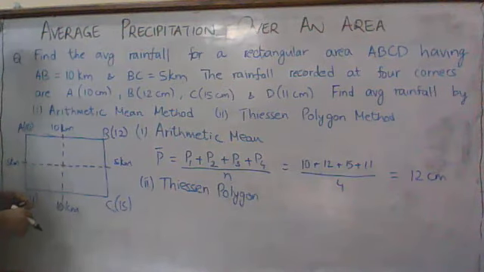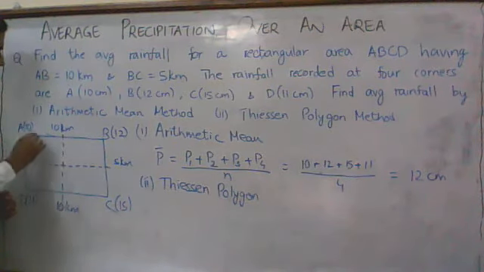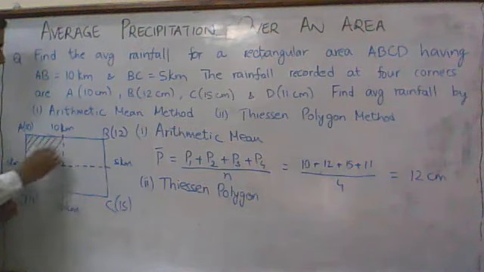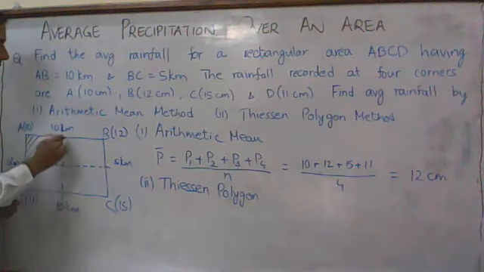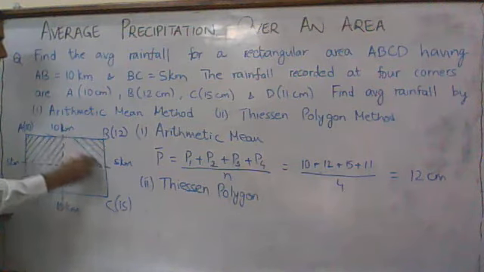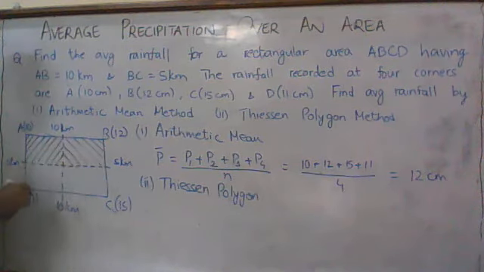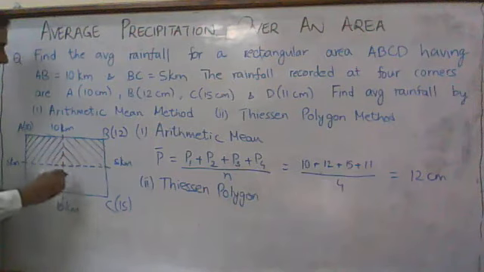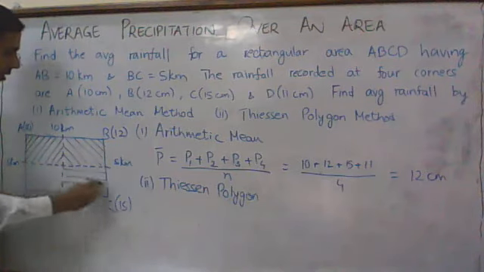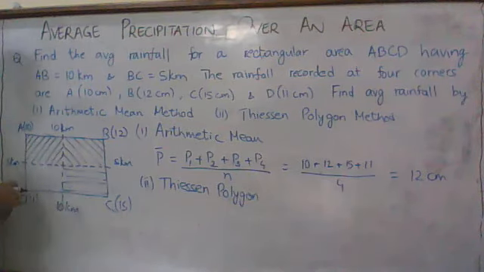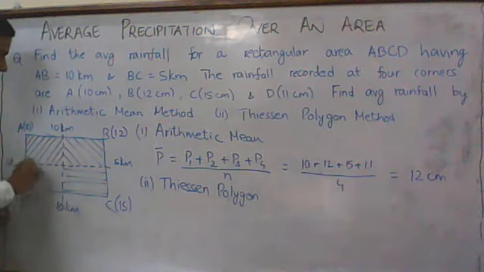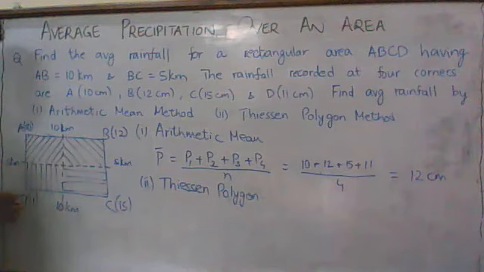in this fashion. So what will be the influence area for station A? Influence area for station A will be this particular area. Influence area for station B will be this area. Influence area for station C, this area. And for station D, this area. Okay.